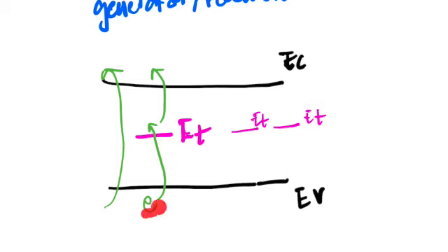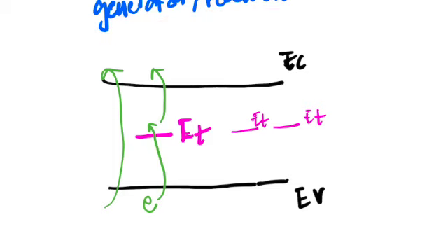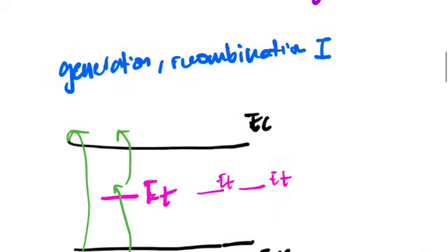The electron will be excited to the trap, and then from the trap to the conduction band, therefore we have more free carriers. So this base current is very much affected by the generation-recombination current, which is a function of the defects.